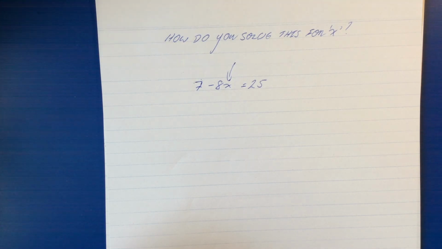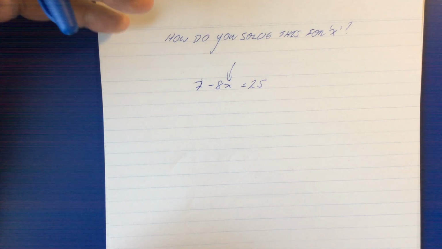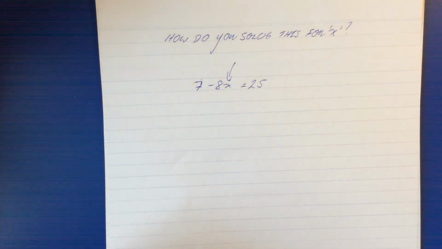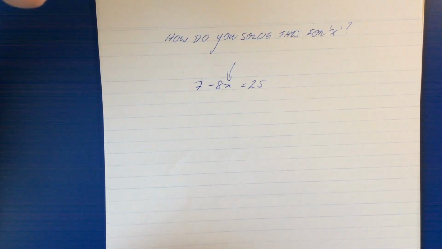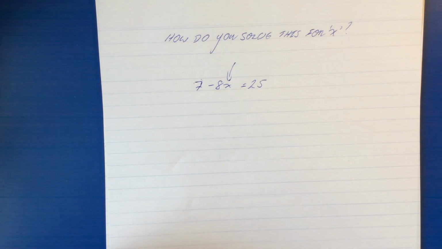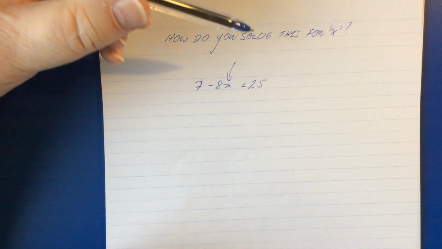So basically you're throwing the order of operations in mathematics into reverse to unpick something. Think of it as building a house. You don't start with the roof. You start with the foundations. When you take the house apart, you don't usually take the foundations apart first. You take the last thing that went into the house off. And that's how we approach this.